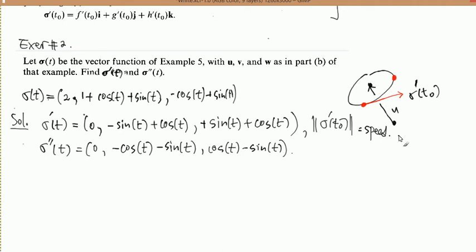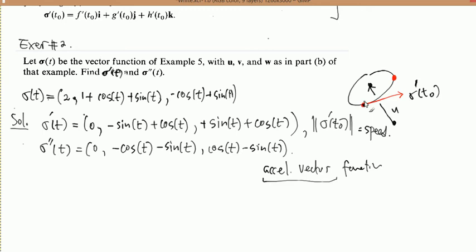How about sigma double prime of t? Everybody knows the name of this one. This is named the acceleration vector function, especially acceleration vector, not acceleration. So if it spins around like this with a constant angular speed, what will be the reading if you have an acceleration meter?